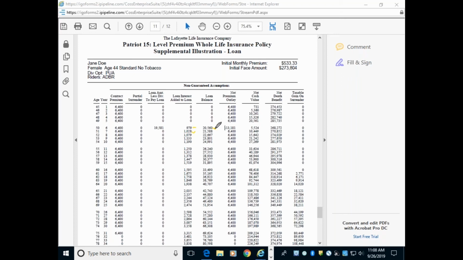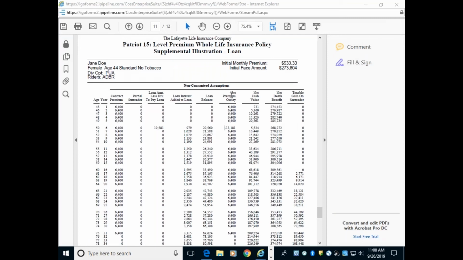So just keep in mind that as long as the client is not making payments back into their loan, then that's going to increase their balance and, of course, their amount of loan interest.